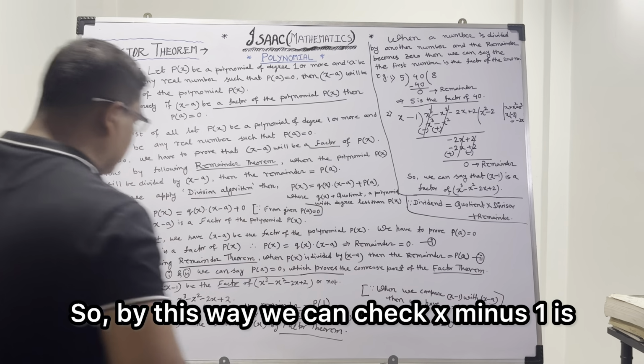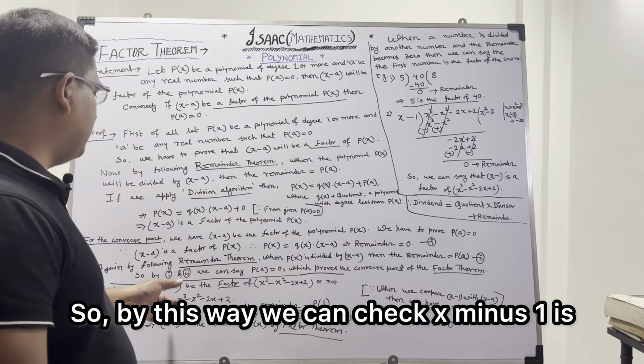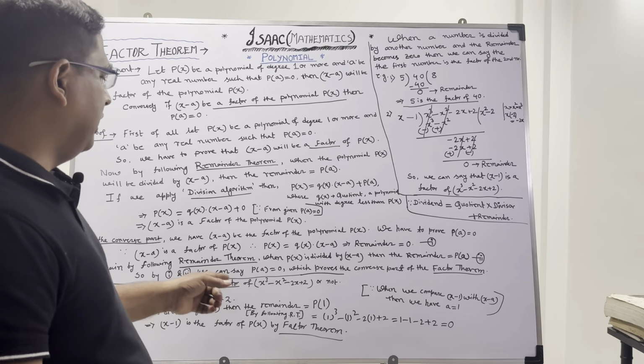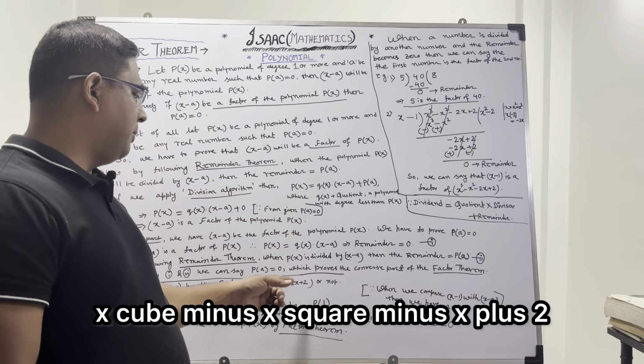Okay. So in this way we can check that x minus 1 is a factor of the polynomial x cube minus x square minus 2x plus 2. Okay.